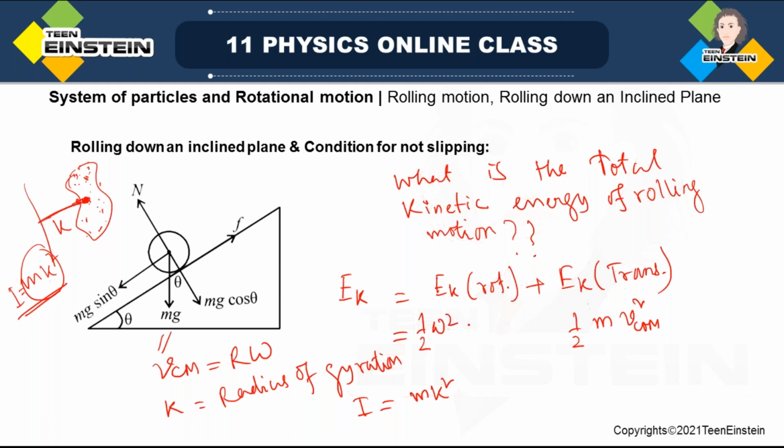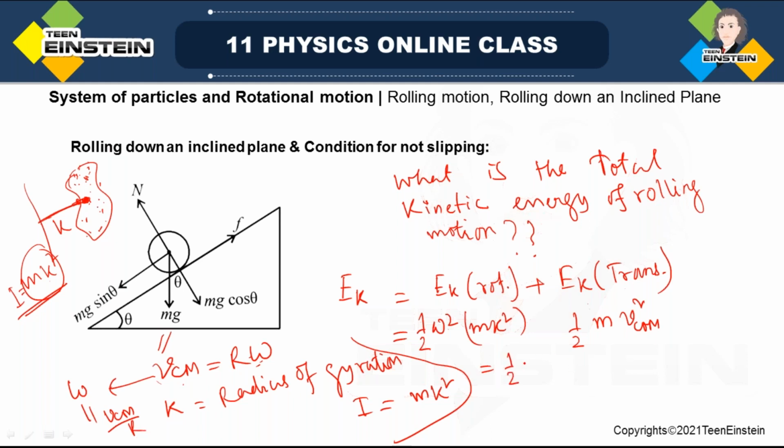Half omega square, let it be this, as mk square we will write. Omega is again, from here I can just replace. I'll write the whole expression in terms of VCM. So omega will be VCM by R.